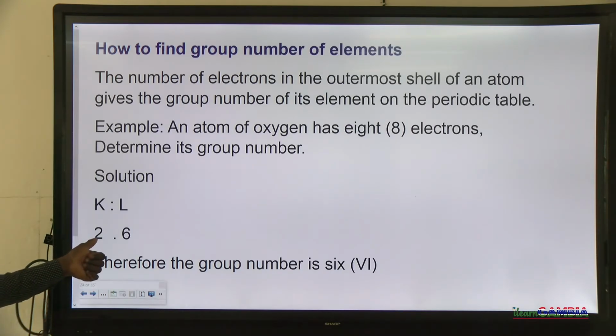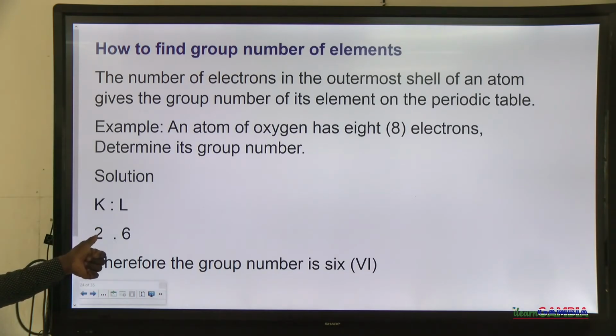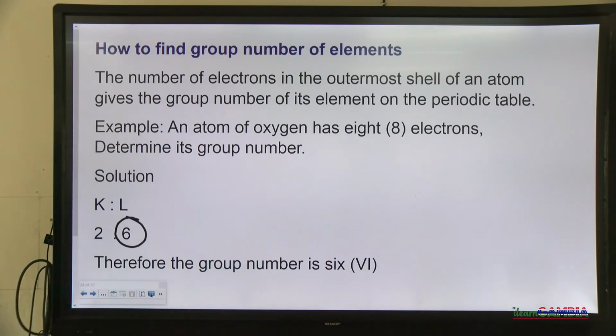We have 2, 6. That is, on the K shell, we have a maximum of 2 electrons, and on the L shell, we have 6. So this is telling us that the last shell of the atom has 6 electrons. Therefore, the group number is 6, and we use VI to represent that.